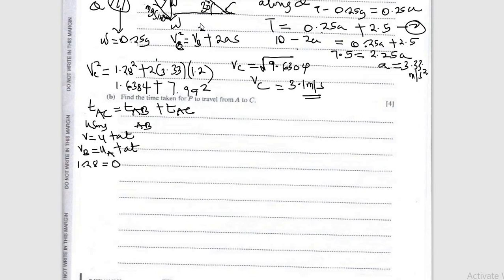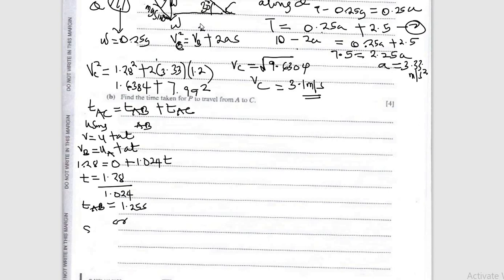The initial is 0, it is at rest. The acceleration between that region is 1.024, multiplied by time. At the end of the day, 1.28 divided by 1.024. So time taken between AB will be 1.25 seconds.